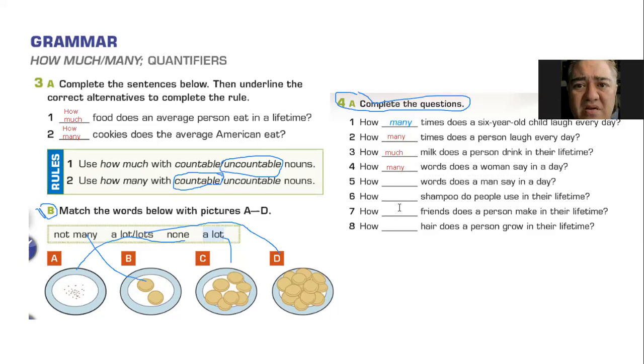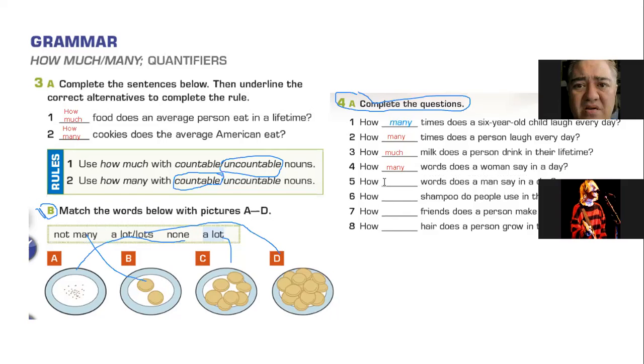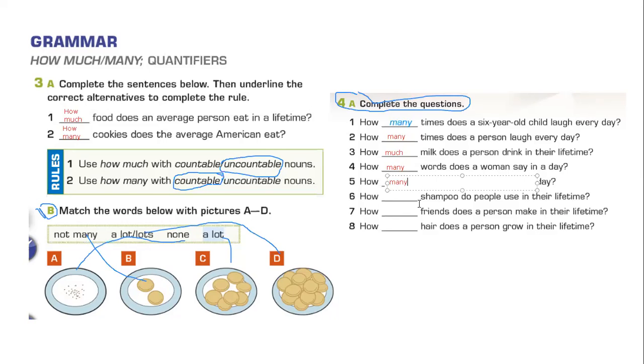Number five. Ángel Marín. How many words does a man say in a day? How many words? Very good. It's the same, but now we have men instead of women, right? How many words? Very good.